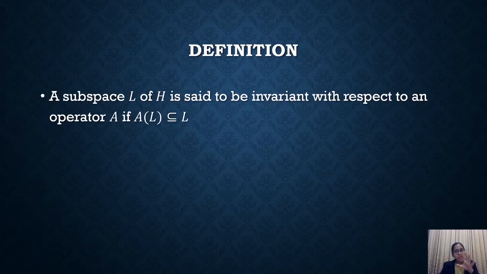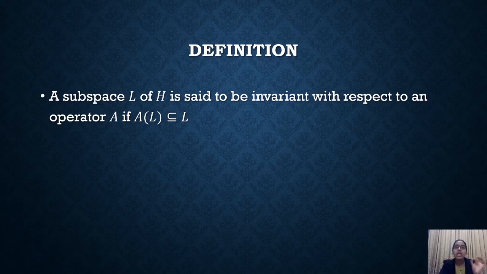So we are given a space H, and a subspace L of H will be said to be invariant with respect to an operator. This is not specific to self-adjoint operators, this is true for every operator.